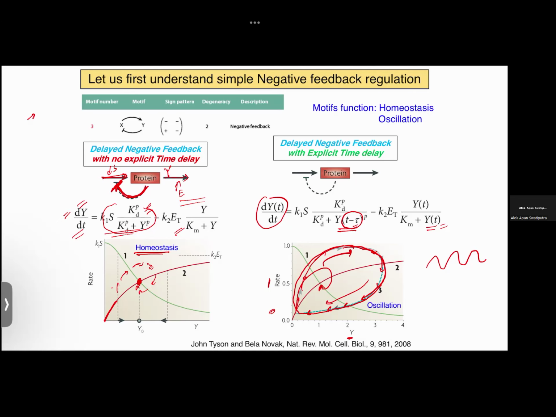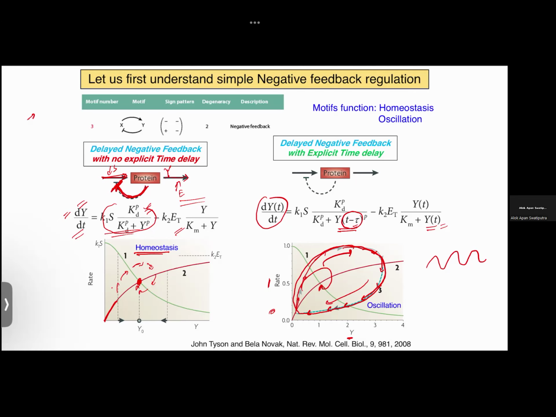So again, some protein will be formed, because you have the delay operating. Only then, after some protein has been formed, will the aggregation happen again and bring it down. So this time delay allows sufficient time to increase your protein and then bring it down, rather than inhibiting it from the first step itself.